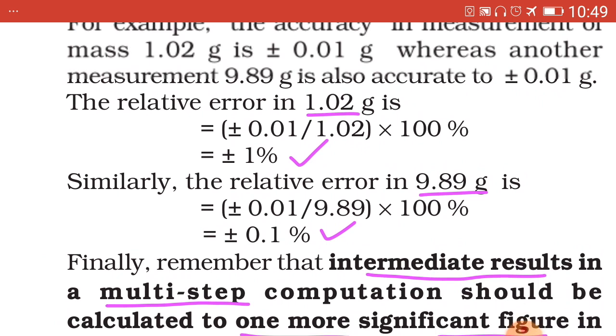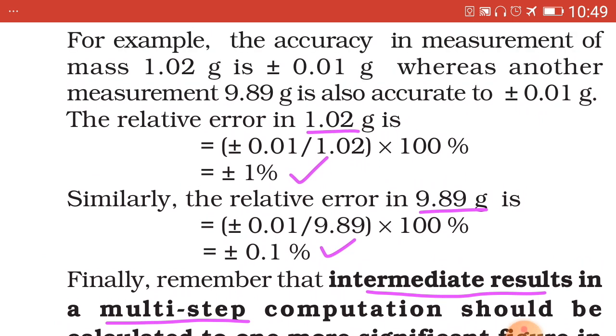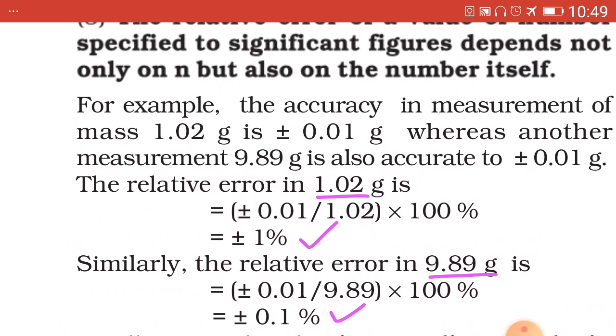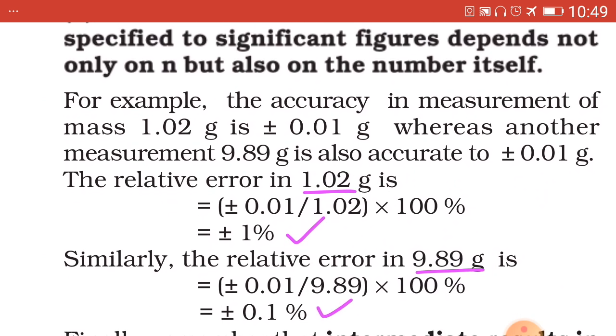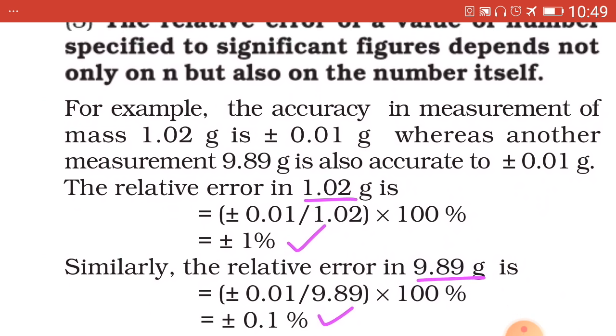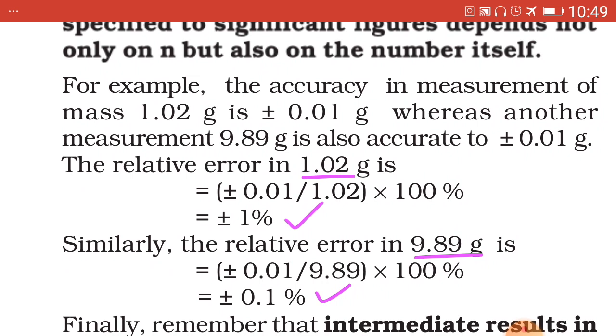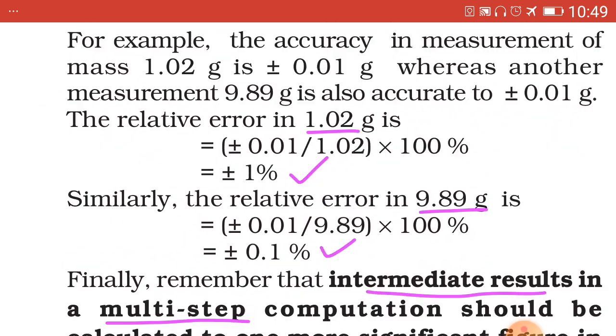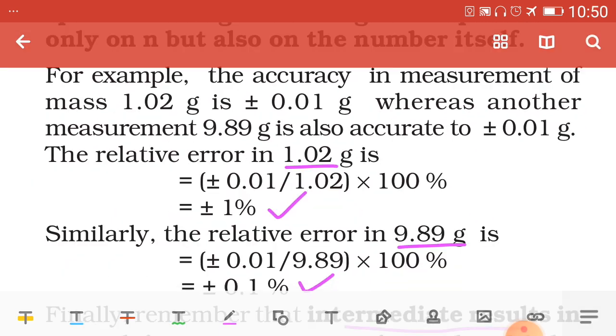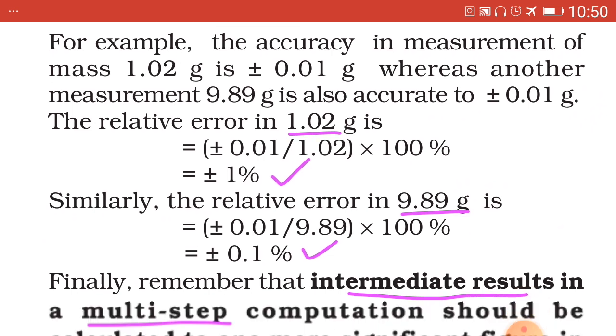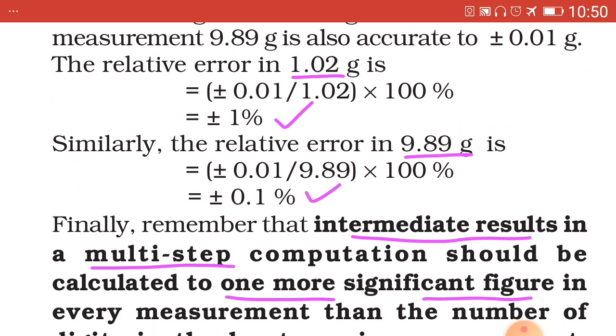Now what do we observe? In the first case, 1.02, there are totally 3 significant figures, and in the next, that is 9.89 grams, there are also 3 significant figures.